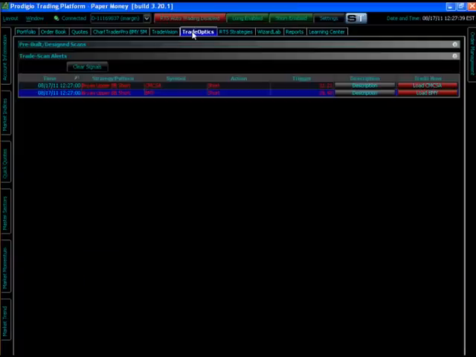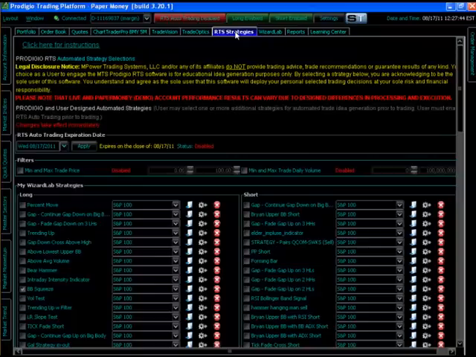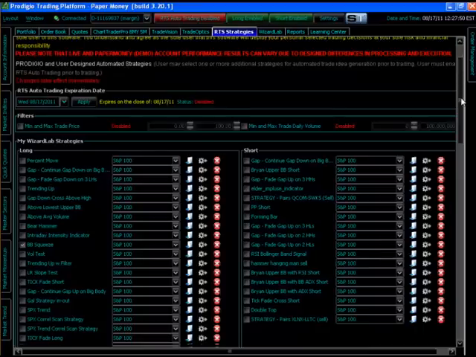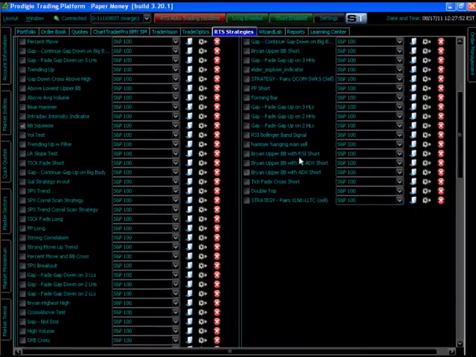Trade optics gives you signals, but what's even more interesting, and really the better value, is in the RTS strategies trading. This allows you to do the exact same thing. Let's see, upper BB with RSI short. And this deploys that strategy for automatic trading on the system.